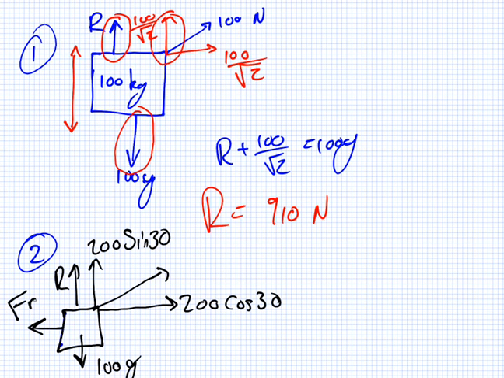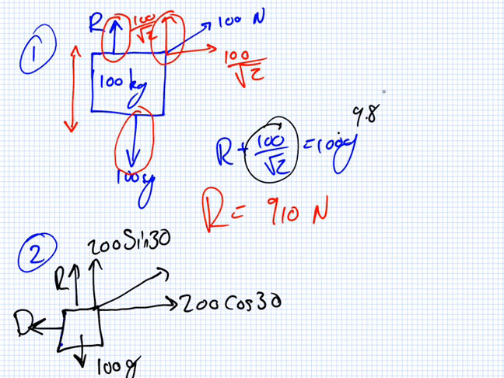How did you get the R for the first one? This number minus this number. That number is supposed to be 100 sine 45, that's 1 over root 2. Then it's 100 G minus that.